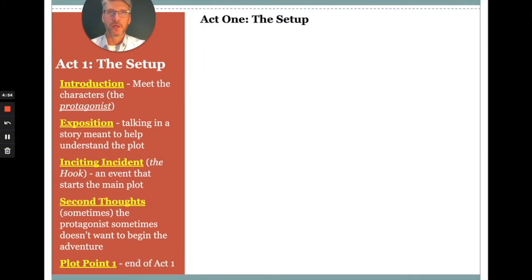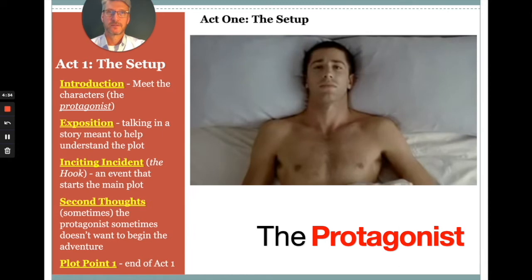So to get you started here, I'm going to introduce you to some of the points for the first part. Act 1, the setup. There are a few terms that I want to introduce you to before we go on, just so that you're familiar with what we're going to be talking about. We start with, obviously, the introduction. Now, for most stories, the main character, the person that we're following in the story, is usually referred to as the protagonist.